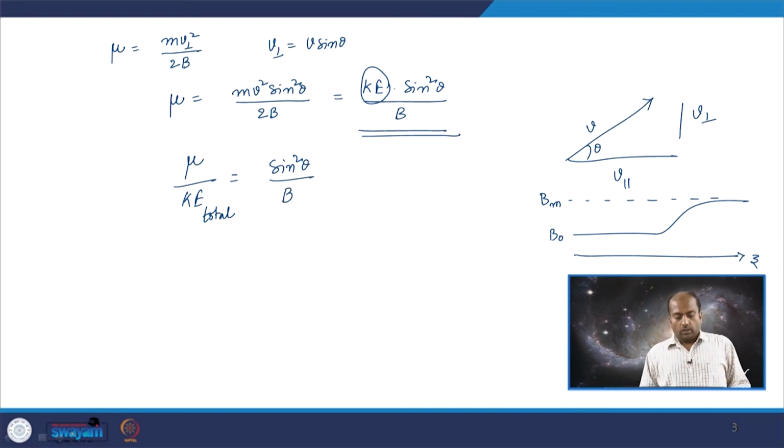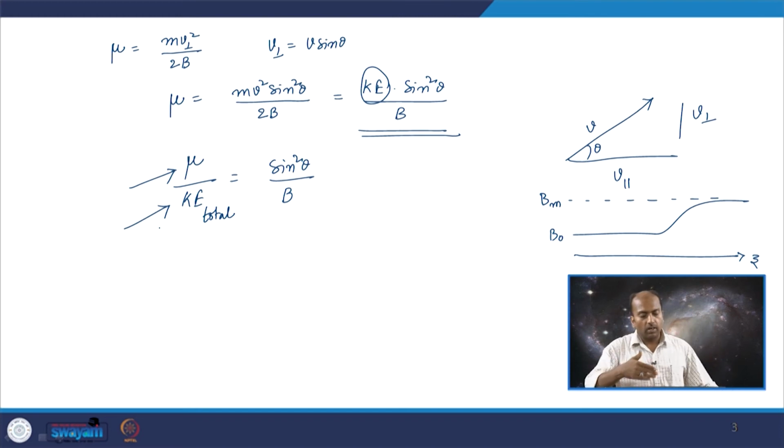Okay. Now the point is, in our earlier discussions we have been able to show mathematically that the magnetic moment is conserved, right, and kinetic energy is of course conserved, there is no arguing. So the total kinetic energy should always be conserved, right. Magnetic moment is conserved here in the sense that it is not conserved always.